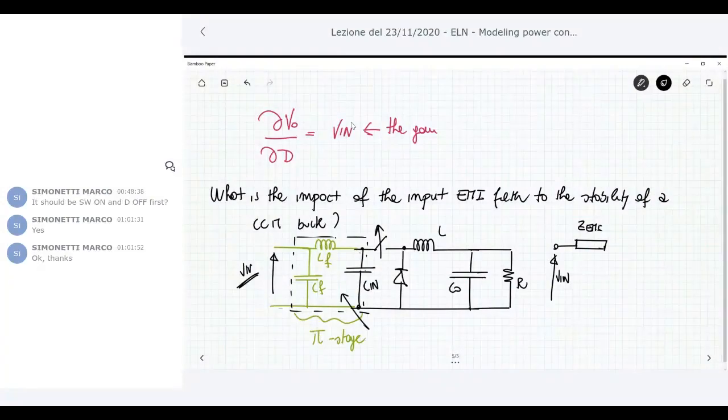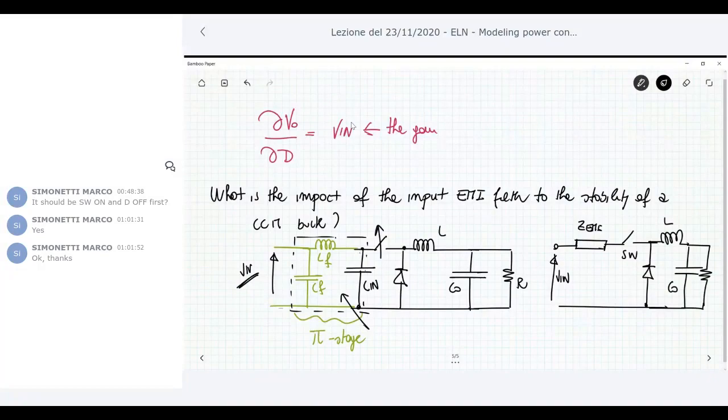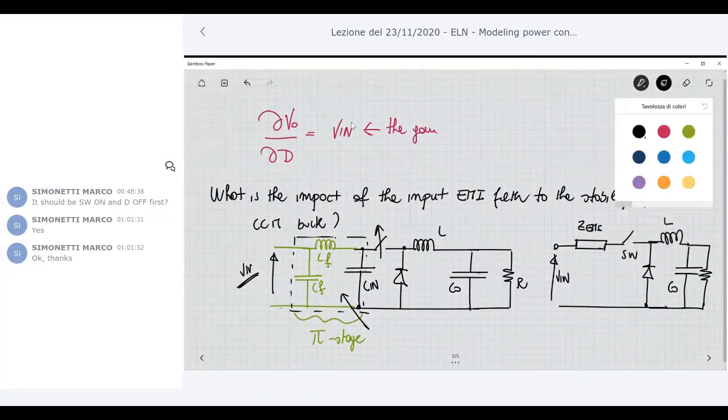Then we have the converter, so the switch, then the diode, then the inductor, etc. I am just considering this input filter here, which is described by this impedance.